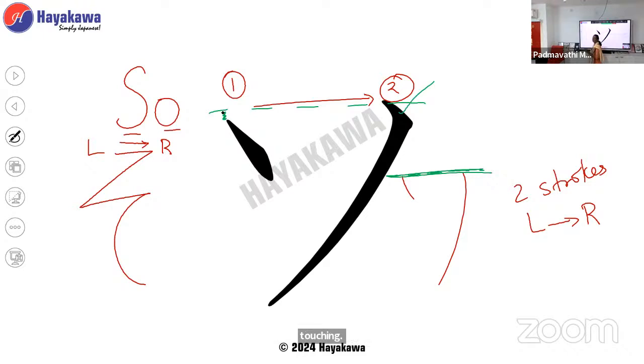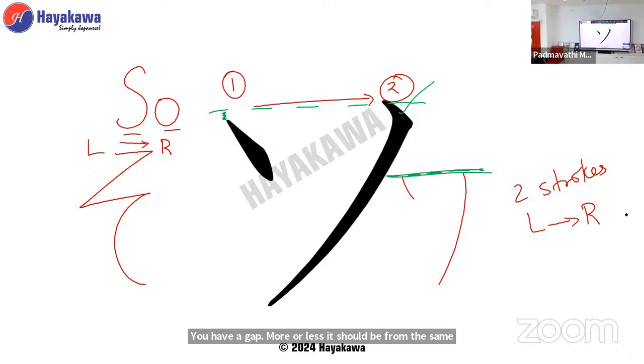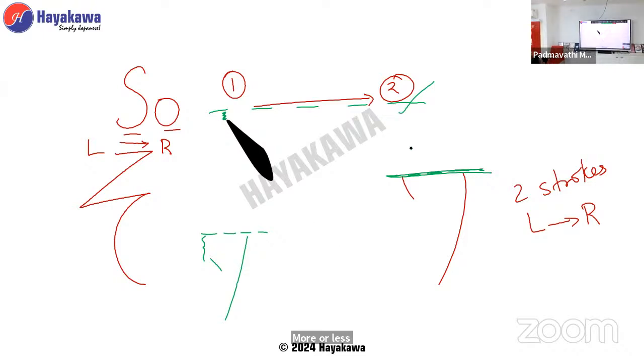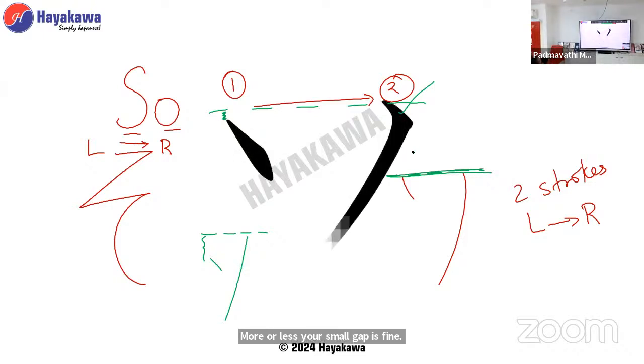More or less, it should be from the same base. It should not be like this. Too much deviation should not be there. A small gap is fine. So this is going to be so, 1 and 2.